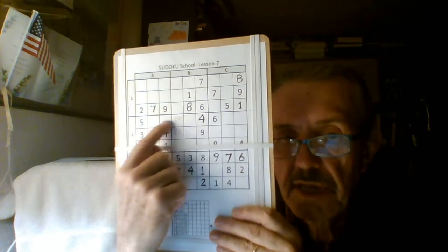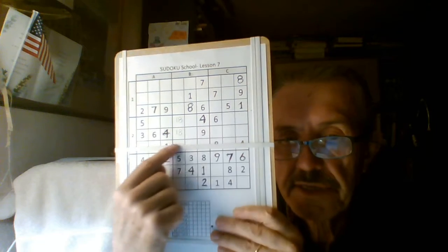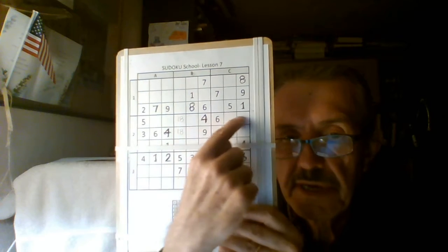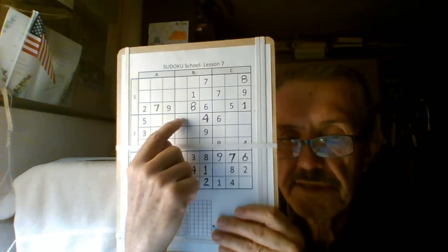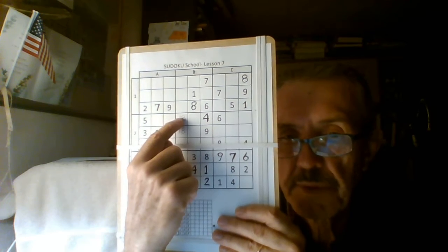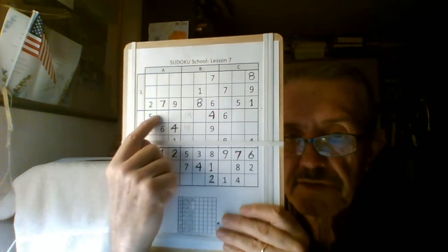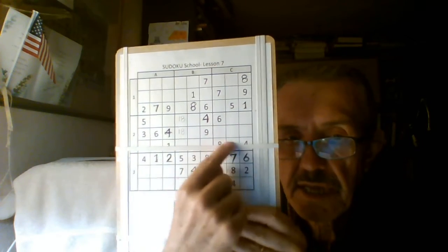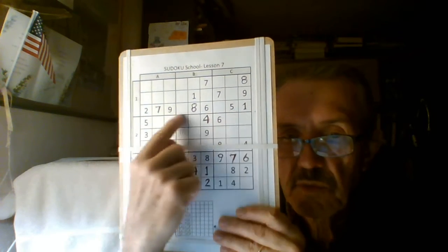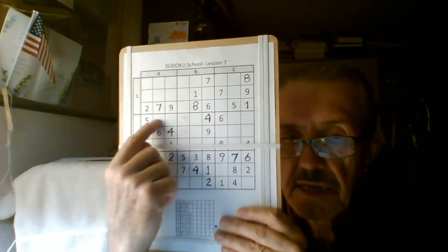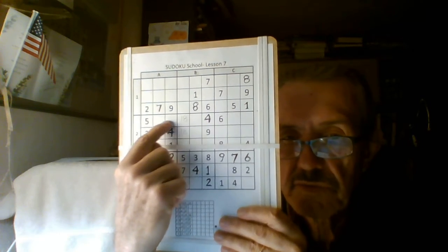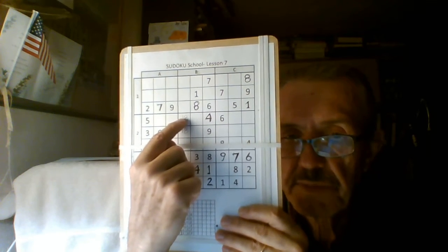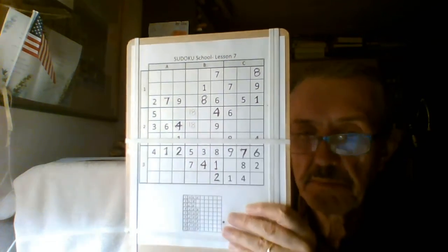Looking for number 1 in this location: number 8 already exists in this row, so in this location the number has to be number 1, because 8 has to be somewhere in this square, and this row already has number 1. So in this location will be number 1 in square B2.